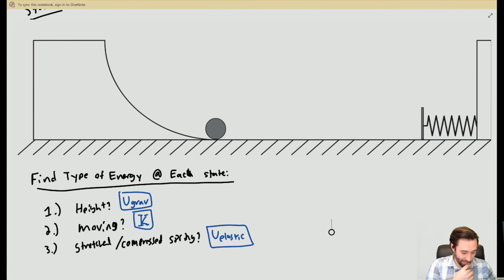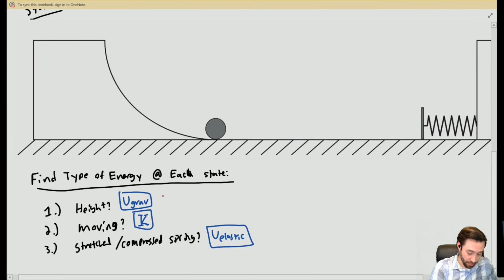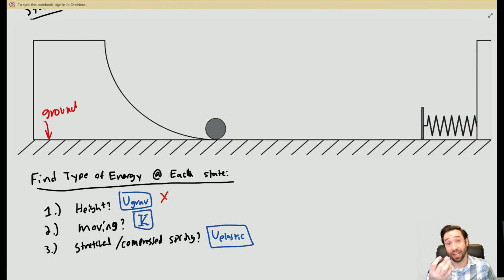So it's reached the bottom of the ramp, and let's ask ourselves these questions again. Is there a height from the ground? No, because this bottom line right here, this is the ground. So it's traveling across the ground with no friction, no air resistance. So there is no height from the ground, so it can't fall. Is it moving?